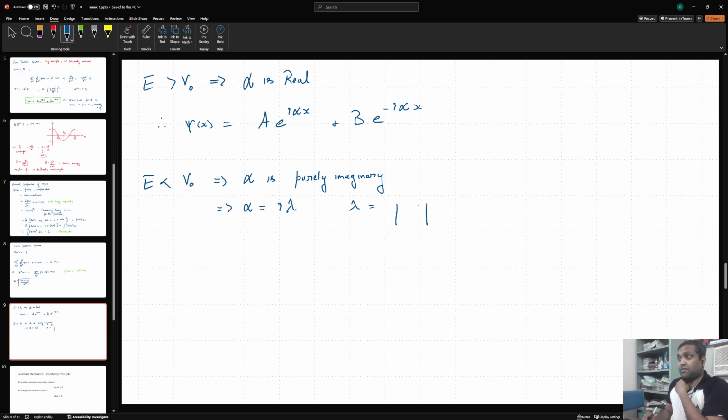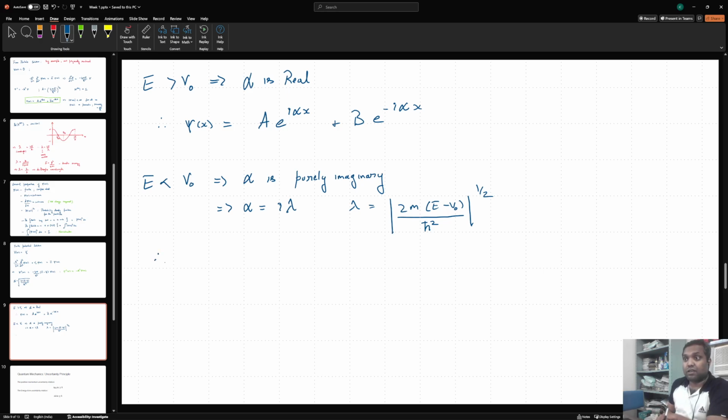mod of 2m (E minus V naught) divided by h bar squared, whole power half. This bracket implies I'm taking the absolute value of the quantity. Now, of course, the solution is going to look exactly the same. I just have to plug in the value of alpha, but alpha is now a purely imaginary quantity.